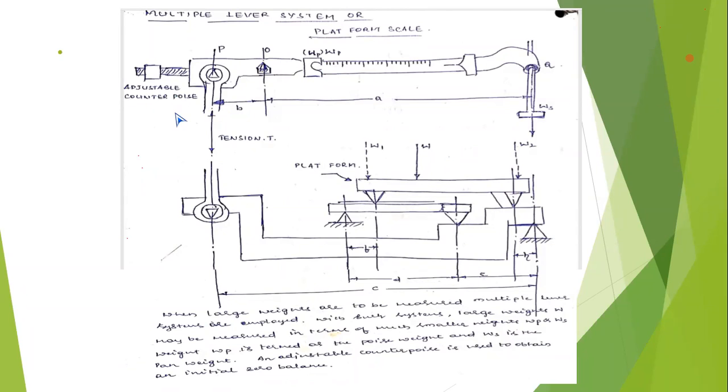Before weighing or before measuring the force, adjust the beam to read 0 by moving the adjustable counterpoise, turning the weight provided in the backside of the beam clockwise or anti-clockwise, or it can be moved forward or backward. By turning clockwise or anti-clockwise, bring the beam to read 0, that is null balance.